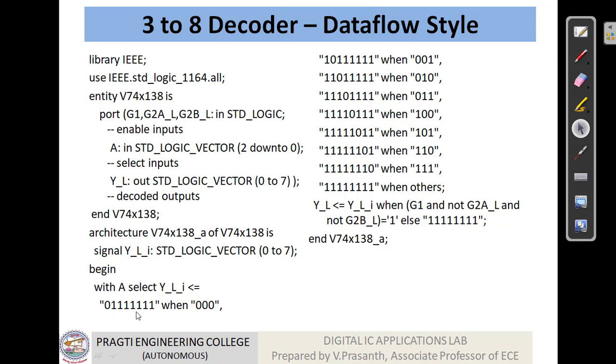We are directly stating the cases: when 0, 0, 0, which output will be active; when 0, 0, 1, the next one. Likewise, with A as select, we state the case with the select lines. This is also dataflow. With this also we can write the code and execute it.